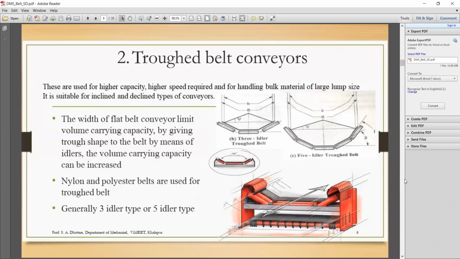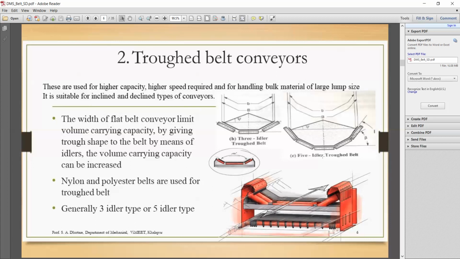This troughing mechanism plays a very important role in the belt conveyor system. As we discussed, there are three-idler and five-idler mechanisms. You can look at the diagram. A flat belt conveyor has limited volume carrying capacity.